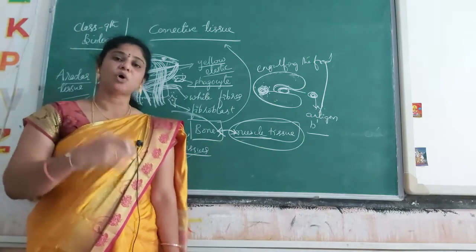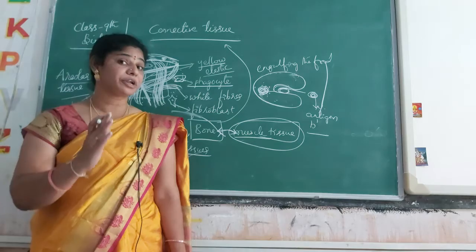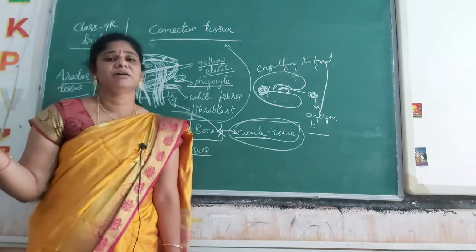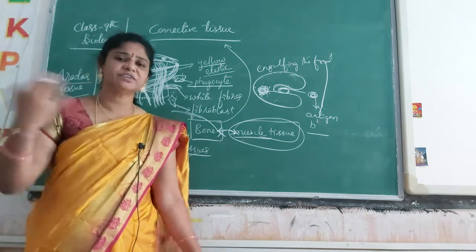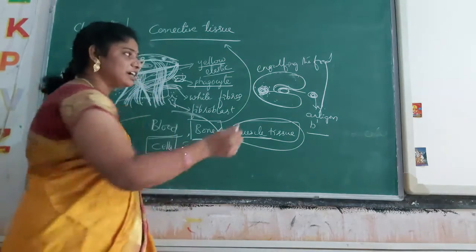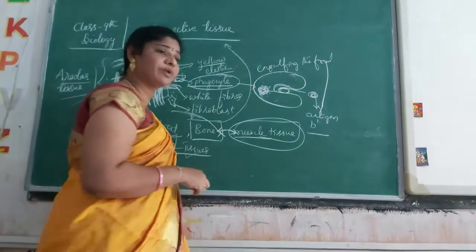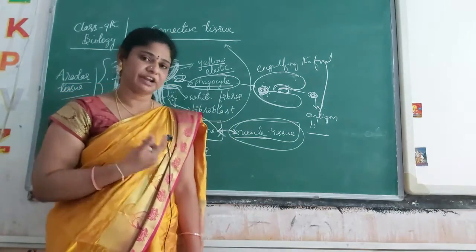Foreign particles not suitable for our body, maybe any bacteria, virus, or fungi, when they enter, are engulfed by the phagocyte. This is a major function, providing security for our body.